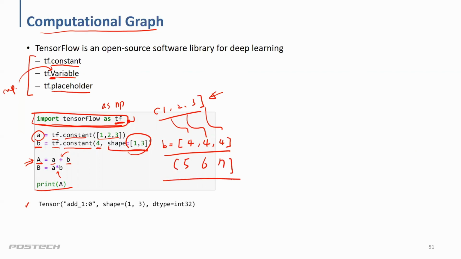But here we don't see that; we see the shape, and dtype means the data type is integer, things like that. So something is different from what you expected, and it's weird. I'm going to explain why.